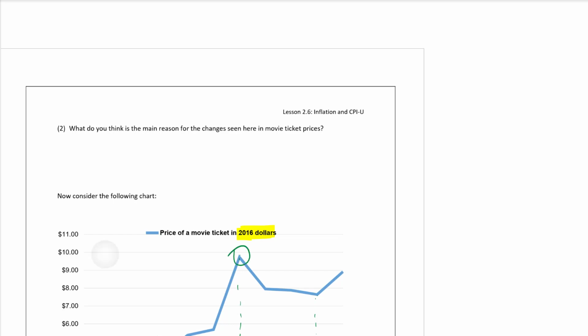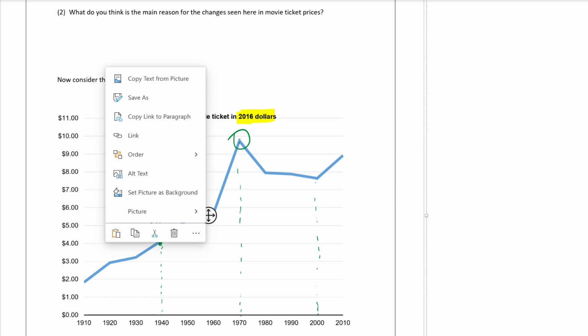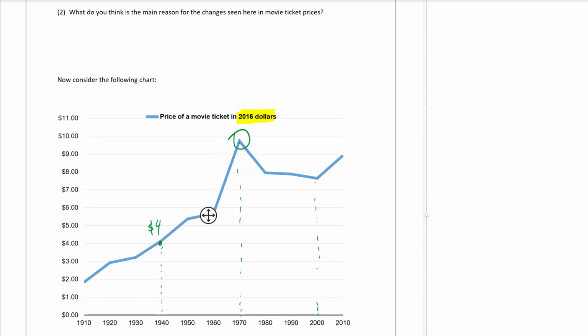Again, we're not going past the year 2010. However, just by reading that chart up to 2010, it looks like 1970 has the highest cost. But it looks like after 2010, it started to catch up. Well, again, we're going to explore it.